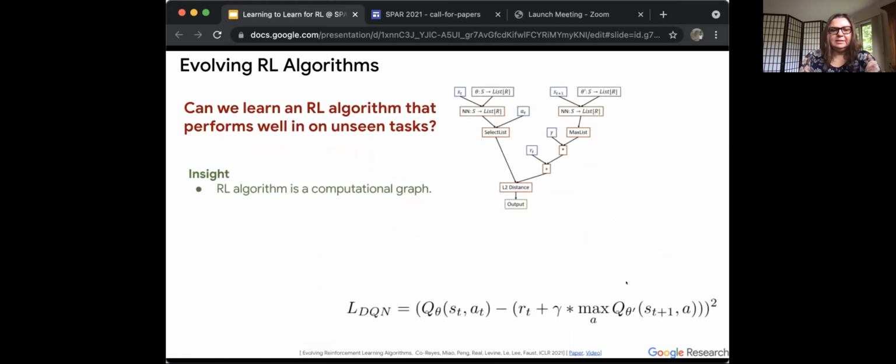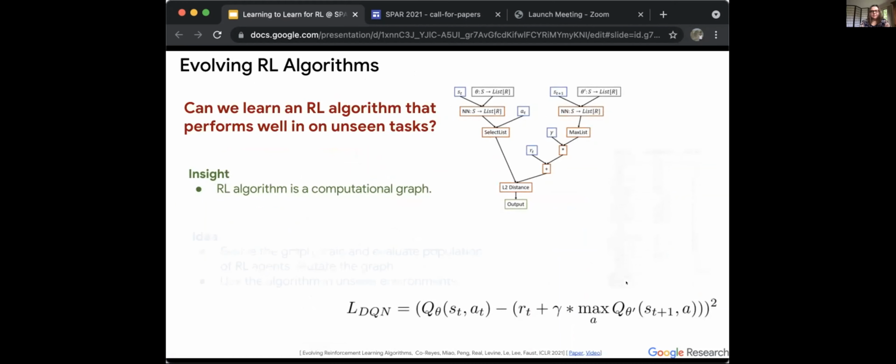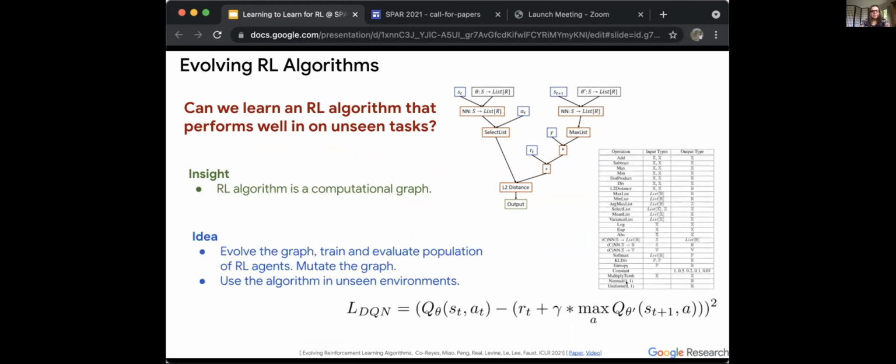And the insight is that the loss function is really a computational graph. And as a computational graph, we can evolve it and change it and mutate it and evaluate it on target unseen environments and see what we come up with. So that's what we do here.